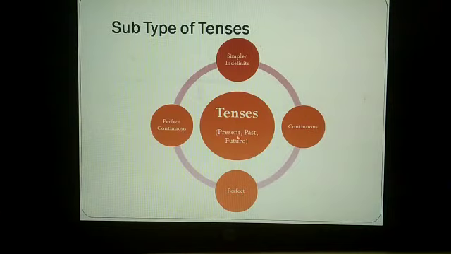This means we have simple present, simple past, simple future. Then we have present continuous, past continuous, future continuous. We have present perfect, past perfect and future perfect. And then the last, present perfect continuous, past perfect continuous and future perfect continuous.